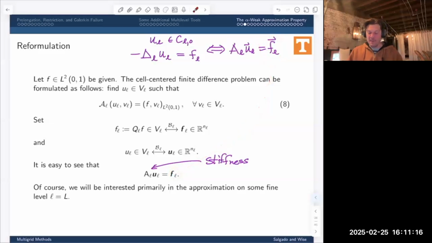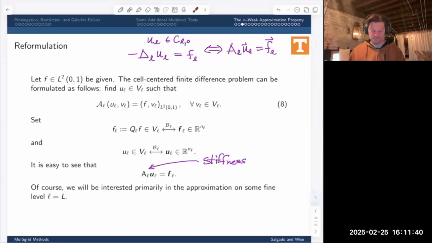It is analogous to what was done for the finite element case, where the right-hand side for the two problems was different between the standard finite difference and the standard finite element settings. In any case, the most important part is you get this matrix coming out.